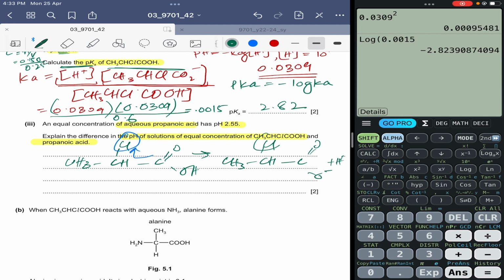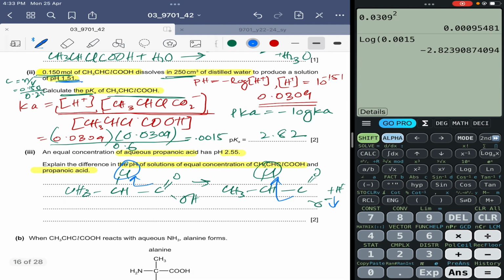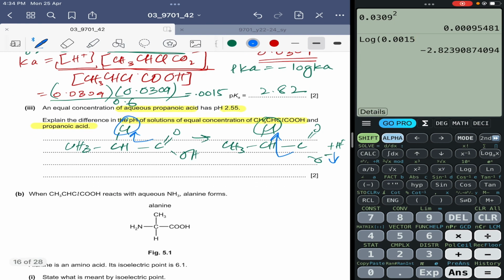The Cl, being more electronegative, attracts the electron density towards itself, due to which the negative charge intensity on the carboxylate ion decreases and it becomes difficult for it to gain a proton. In propanoic acid there is no chlorine attached. So that's why chloropropanoic acid has a lower value of pH. That means it is a stronger acid as compared to propanoic acid.